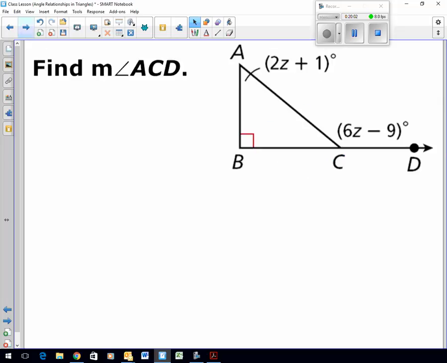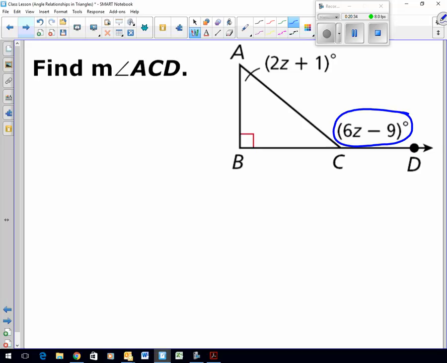Alright, so find the measure of angle ACD. What's the first thing you notice about ACD? It's not a right angle? Exterior! Perfect, Baloo. It's exterior. Why is that helpful for me? What theorem would come into play? Exterior. Yeah, we call it the remote interior angle theorem, but it's okay. You can call it the exterior angle theorem. All right? So check it out.